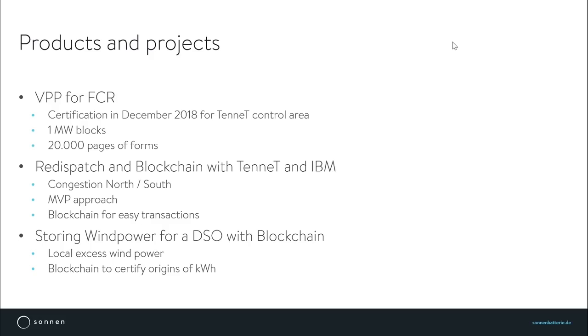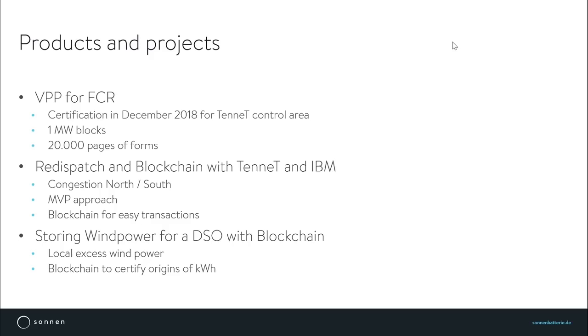So we act as a storage garage for the DSO. And this would then make pricing of this service to the DSO much easier than in a regular metering environment. So we're testing out these green origins of kilowatt hour certifications with a blockchain solution.